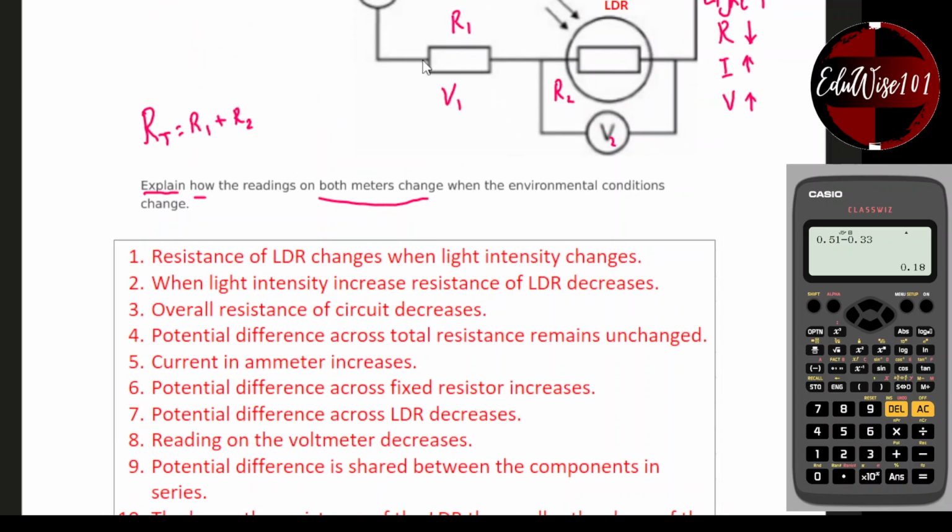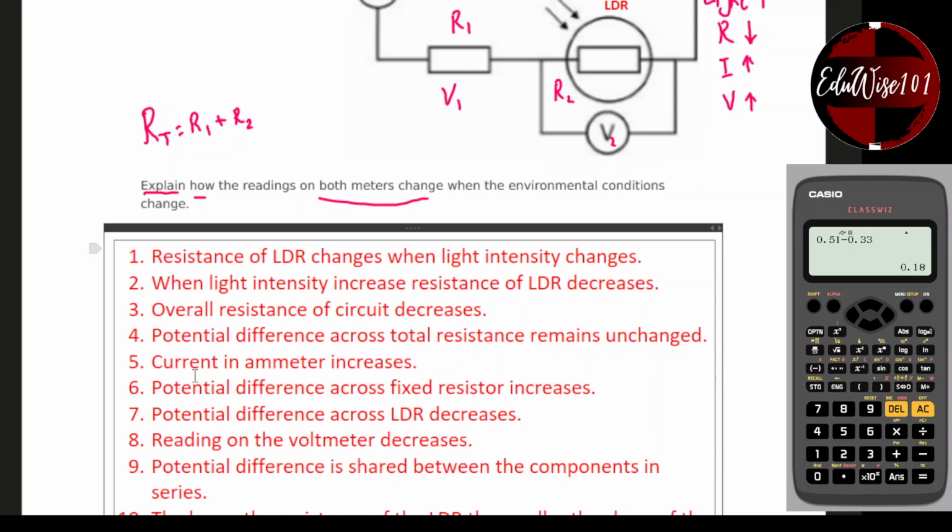So we're talking about the potential difference across the total resistance remaining unchanged between both those components, which means the current in the ammeter increases. There's less resistance, so the current in the ammeter increases. Now the potential difference across the fixed resistor increases, and the potential difference across the LDR decreases.